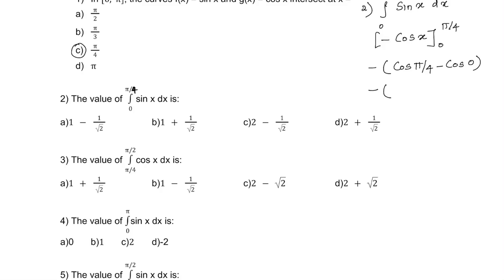Minus of cos pi by 4 is minus 1 by root 2, minus of cos 0 is minus 1, which becomes 1 minus 1 by root 2. So the answer is A.